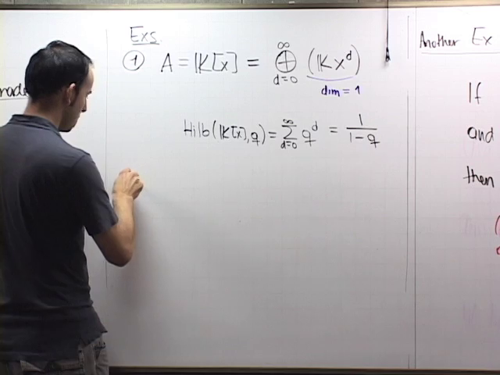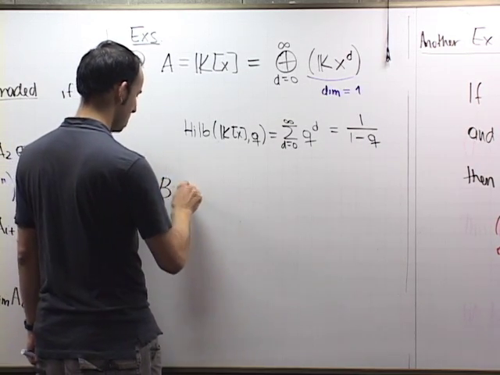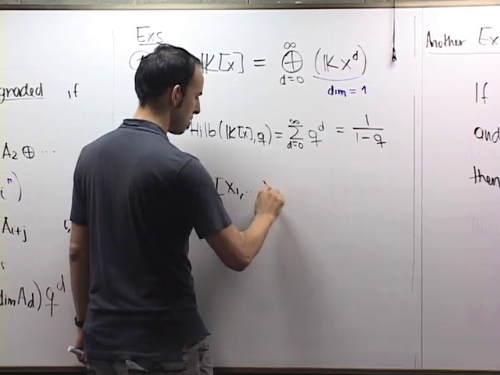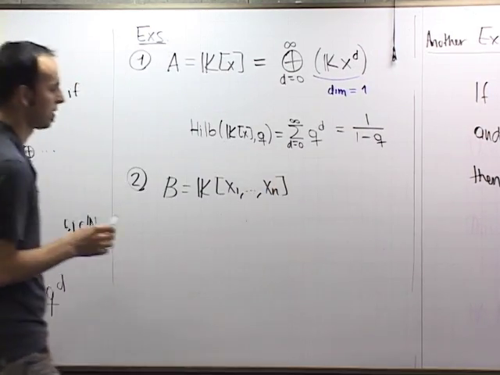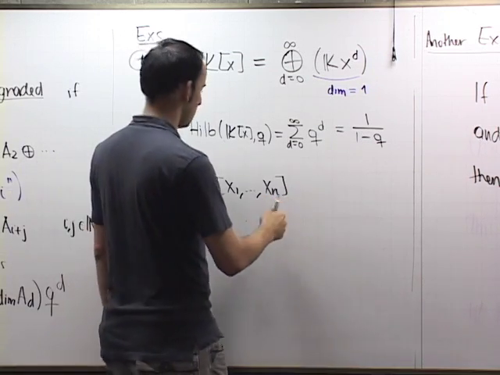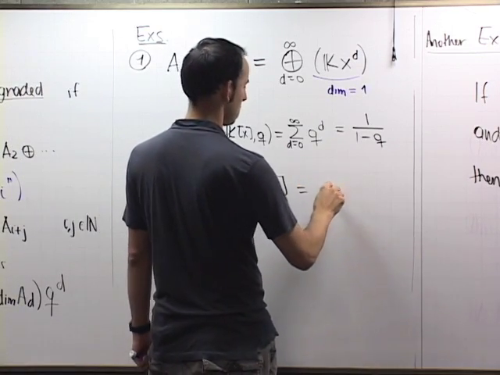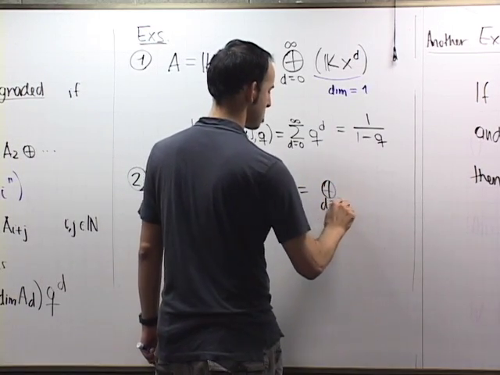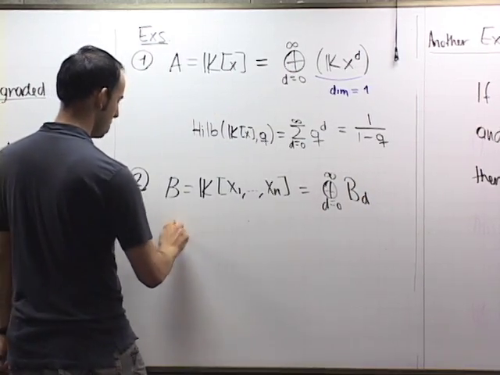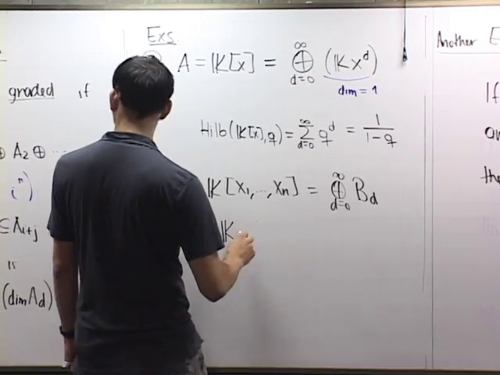Okay, let's do an example that's a little bit more interesting. Let B be the polynomial ring in n variables. Well, polynomials have notions of degree. So we can do this where B_d is the span of what?